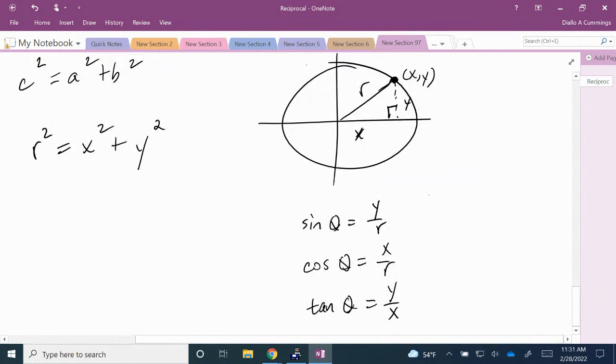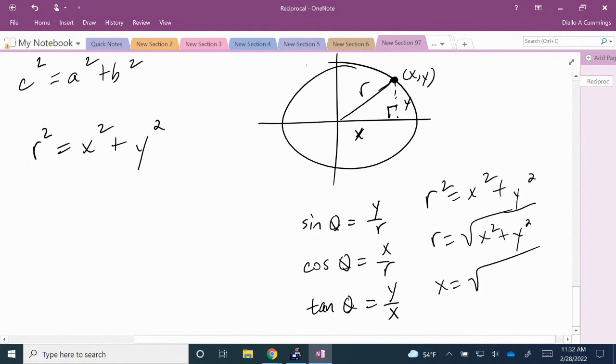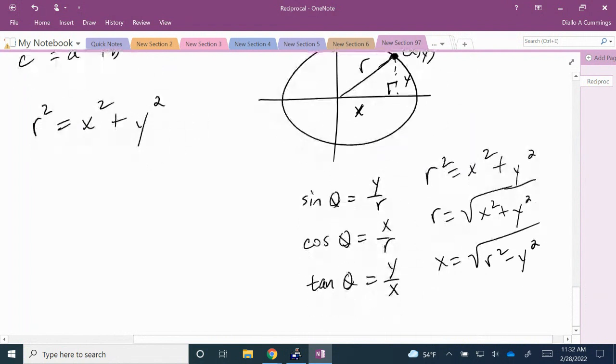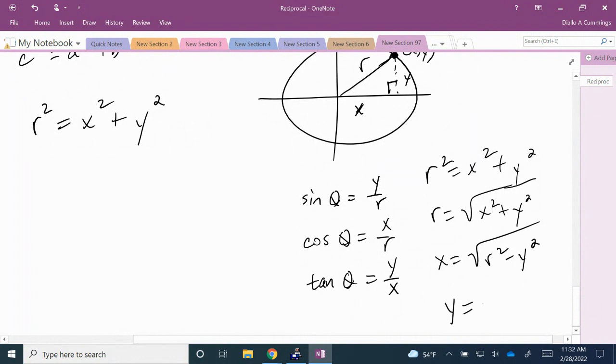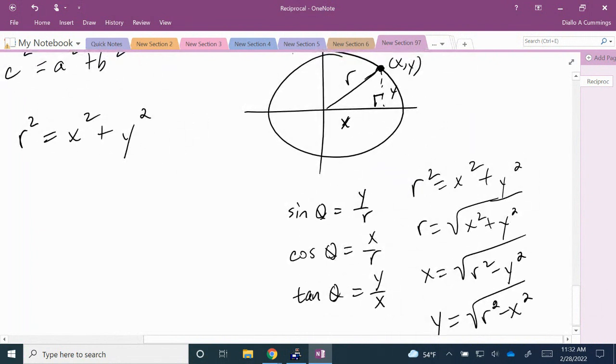We've seen all of this earlier. r squared is equal to x squared plus y squared. r is equal to the square root of x squared plus y squared. x is equal to the square root of r squared minus y squared. And y is equal to the square root of r squared minus x squared. All of this should be familiar.